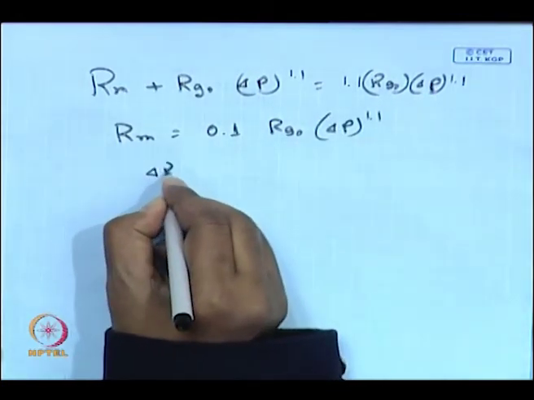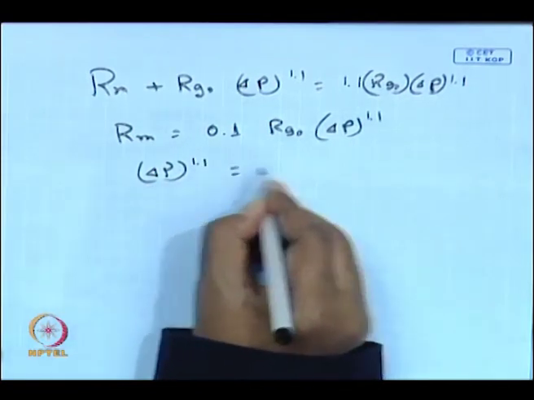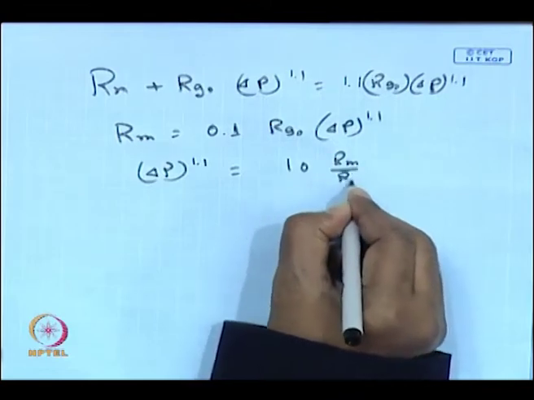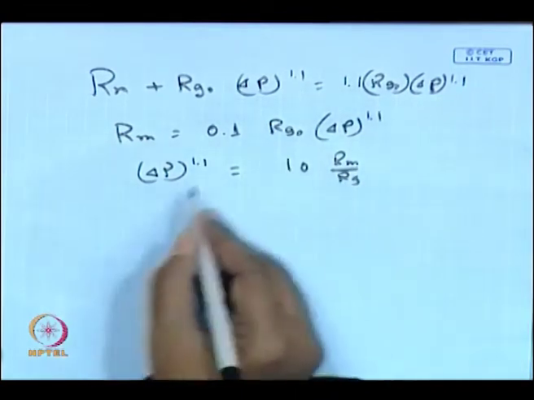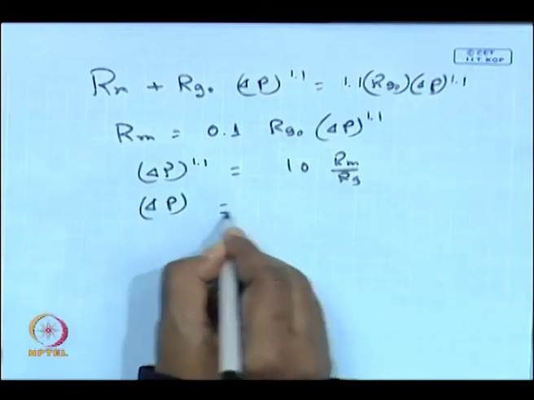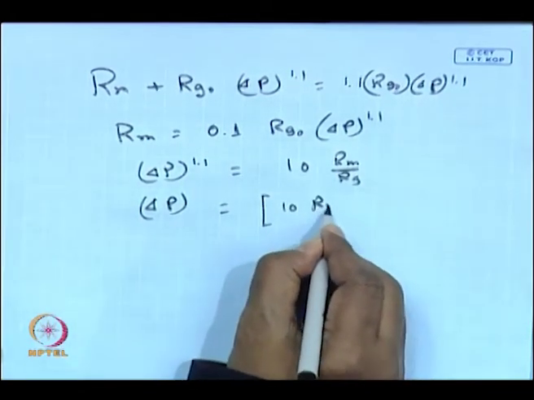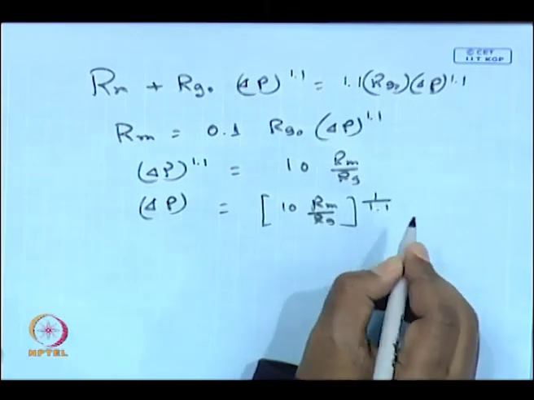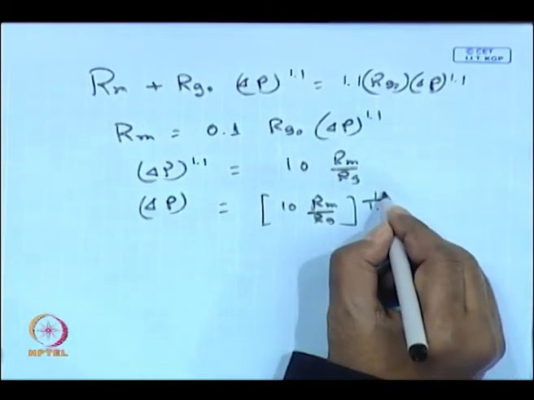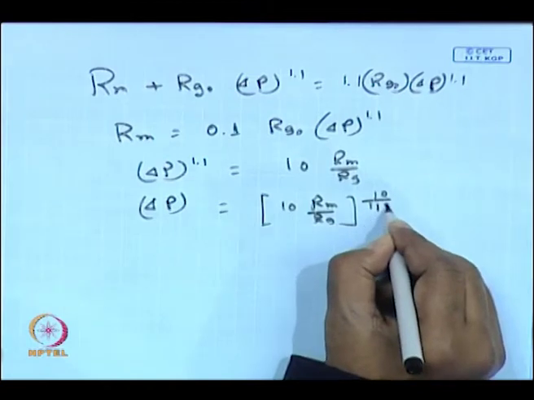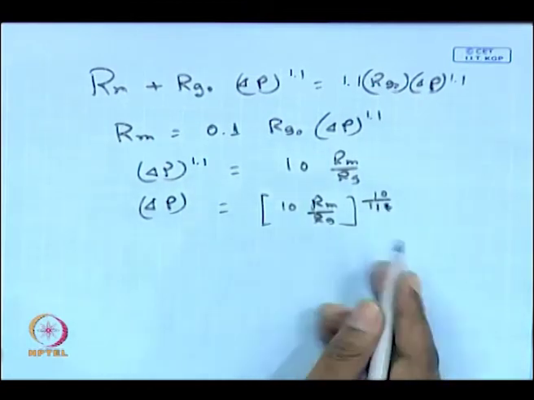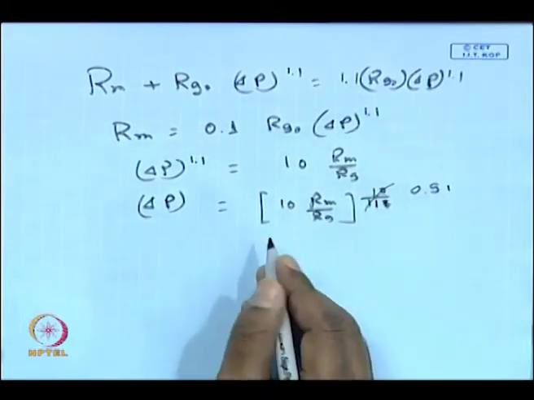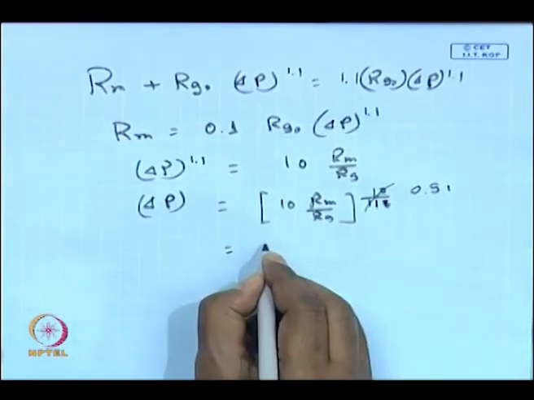So delta p raised to the power 1.1 becomes 10 times R_m by R_g, and delta p should be (10 R_m by R_g) raised to the power 1 by 1.1. So, this exponent becomes 10 by 11. Let us evaluate that; it turns out to be 0.91.